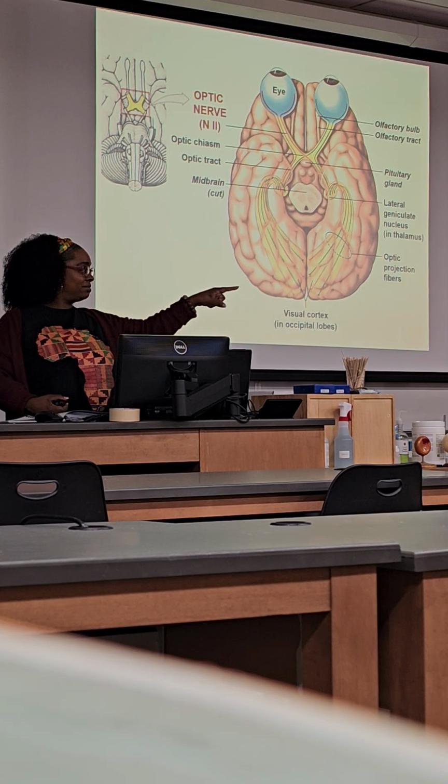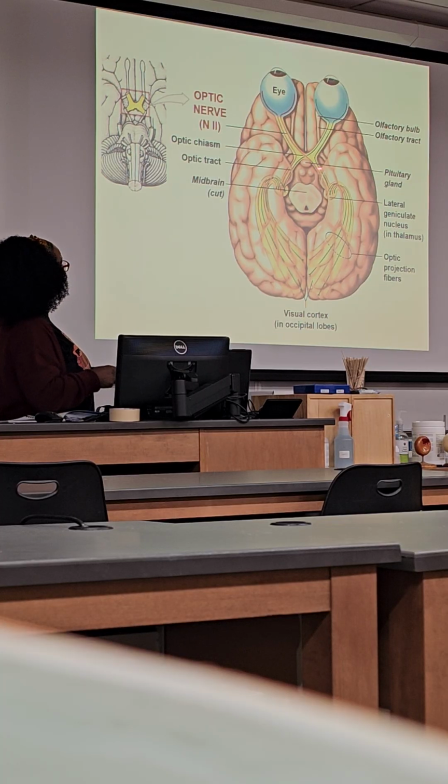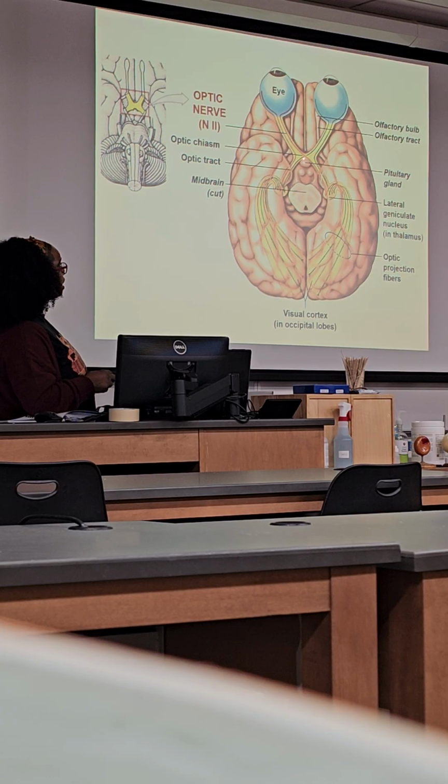Okay, because of the chiasma, the crossing of axons, of tracts. Fibers is another word we can use for axons. Half of the fibers running on this track cross on the medial sides, and that is called the optic chiasm.